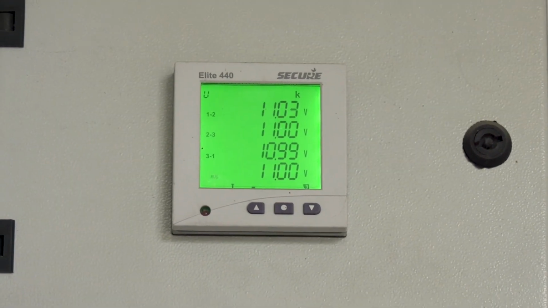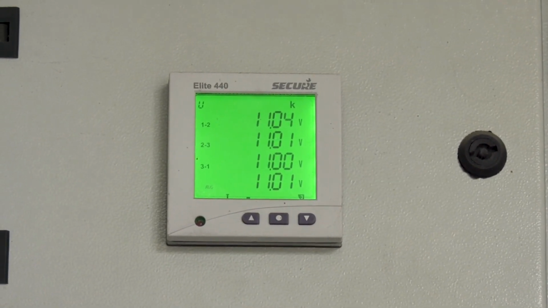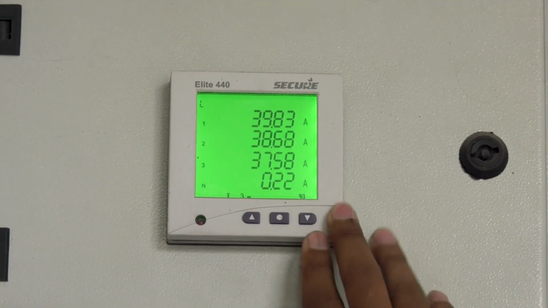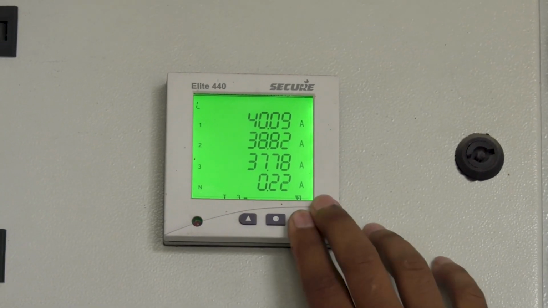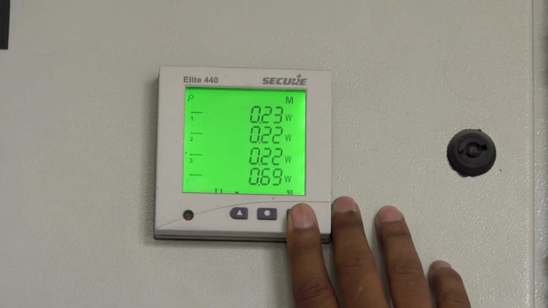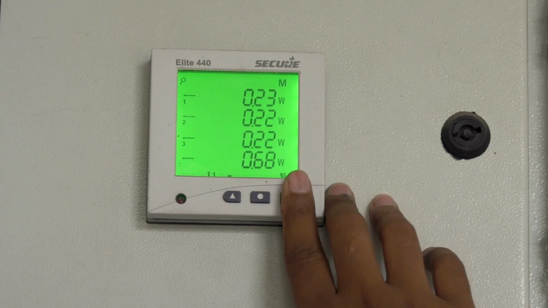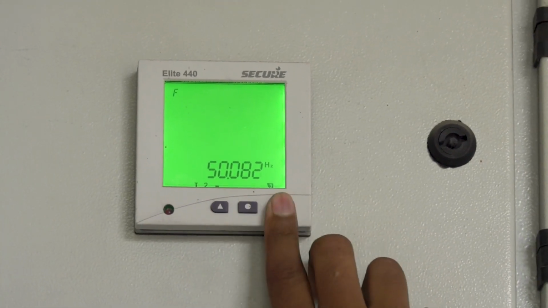We can observe the LL voltages in kV on these meters. By adjusting the settings, one can view the current flowing through the system, the power factor, the total power across the three phases in megawatts, and finally the system frequency.